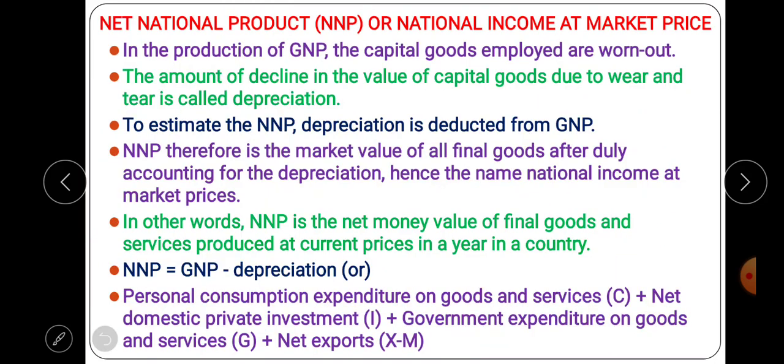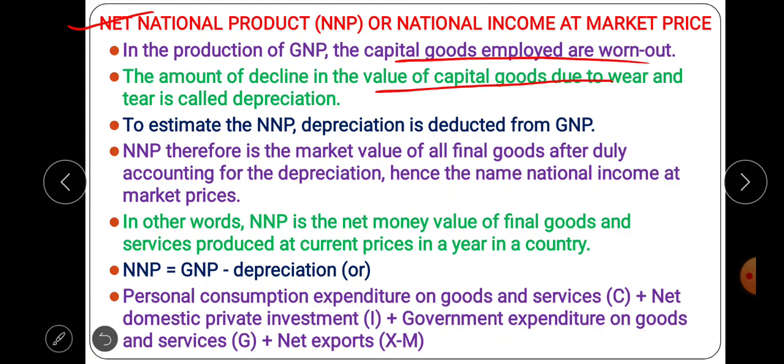Then the next concept is NNP, that is net national product, or we can call it national income at market price. In the production of GNP, the capital goods employed are worn out, and the amount of decline in the value of capital goods due to wear and tear is called depreciation.